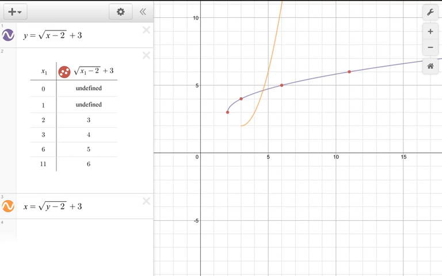And I want to check to see if I see that same pattern as the last time. So I'm going to put in the graph of y equals x, and I want to look to see if the same thing is happening. So I've got the point 2, 3 becoming 3, 2. 3, 4 becomes 4, 3.